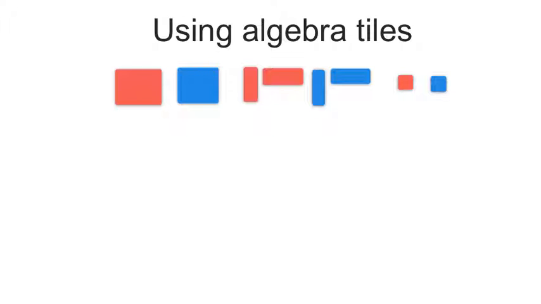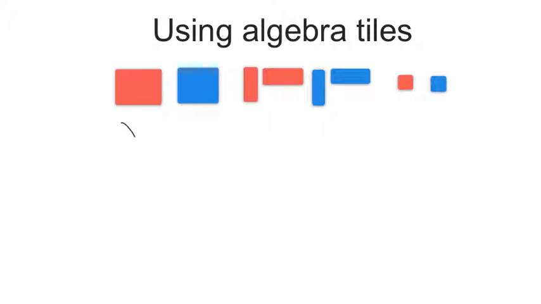One of the tools that we use to represent expanding quadratics are algebra tiles. Here are some algebra tiles that I just mocked up in my little sketchpad here, and each of these tiles represents a different value. The large ones represent x squared, and red represents positive.